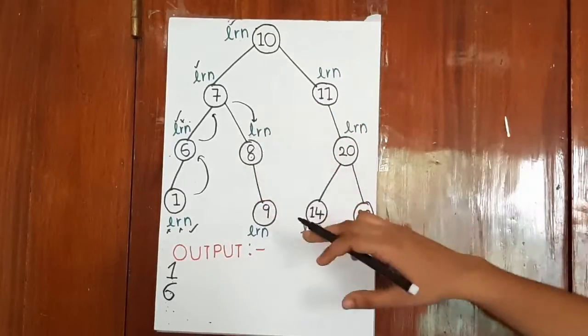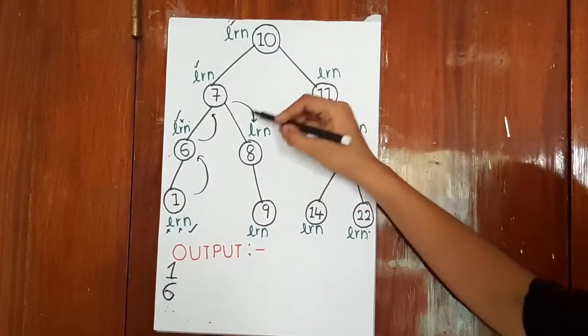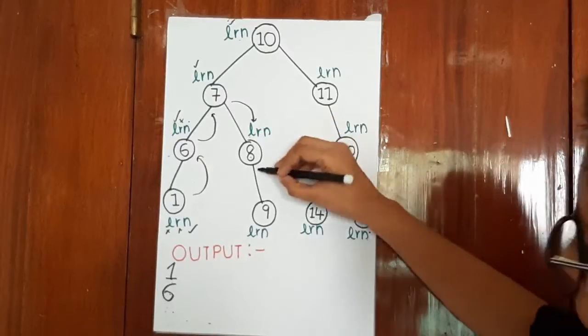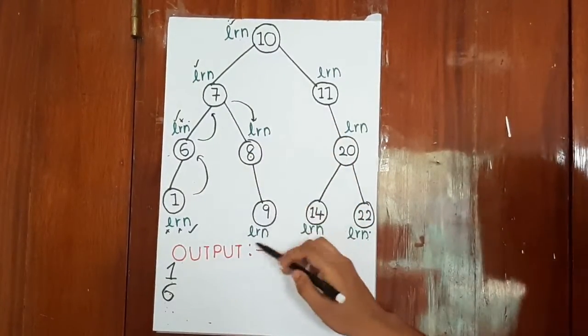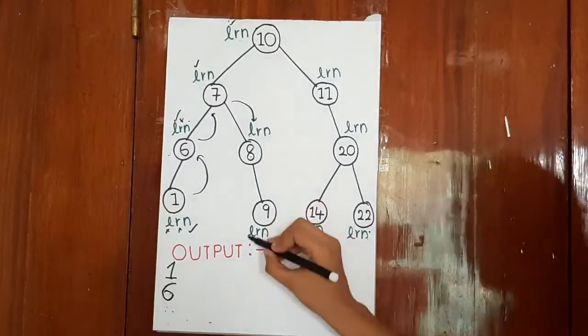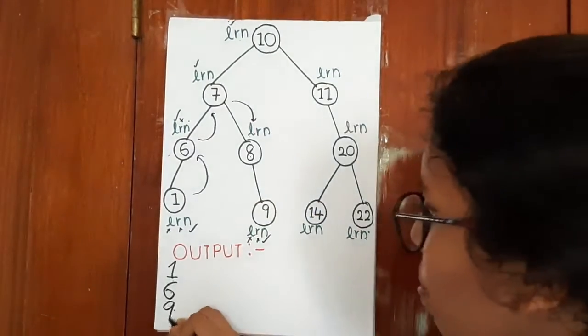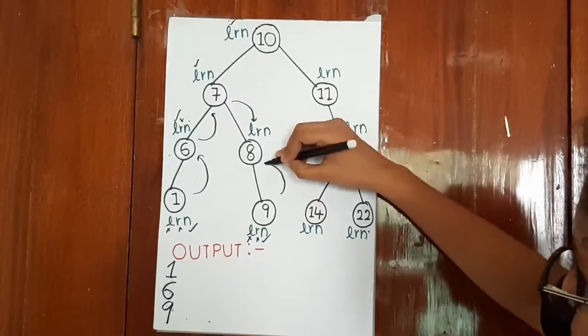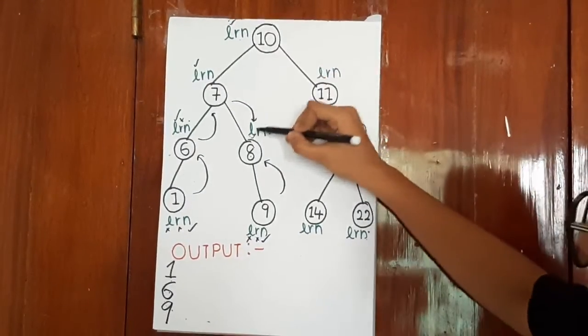Again, I have to consider the left side of this one. The left side is here. In this case, there are no children, so this one is printed. So 9 is printing. Again, it moves back. This one is executed.